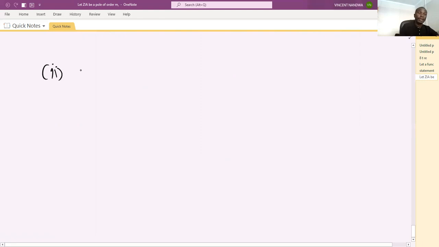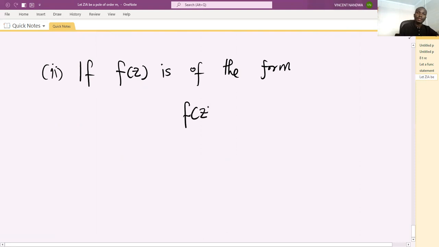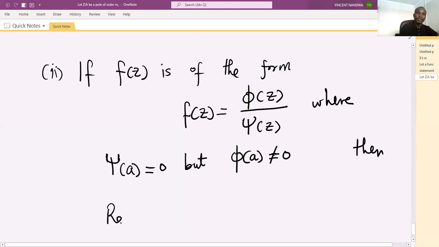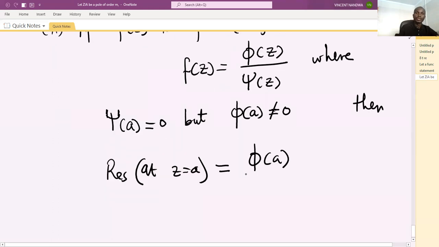So 2, if f of z is of the form phi of z over psi of z, where when you put a in the denominator, you get 0, but when you put a in the numerator, you get a non-zero value, then residue at z equals a is given by the numerator at a, and then you differentiate the denominator and put the value of a.